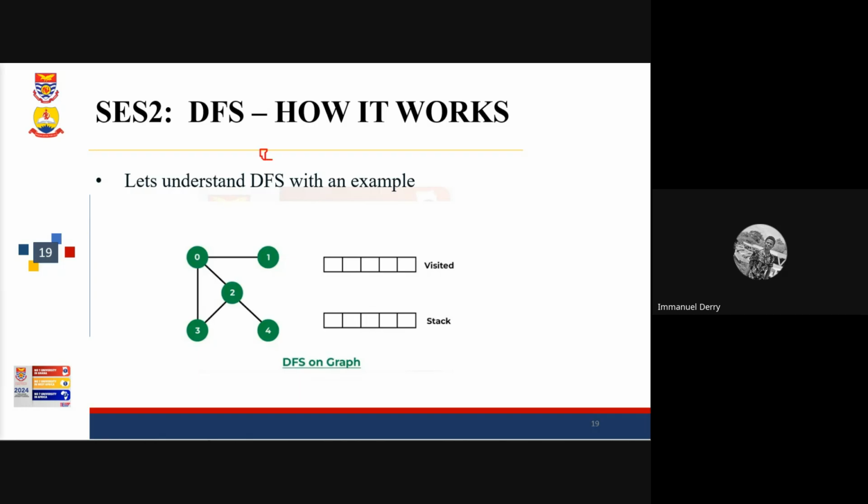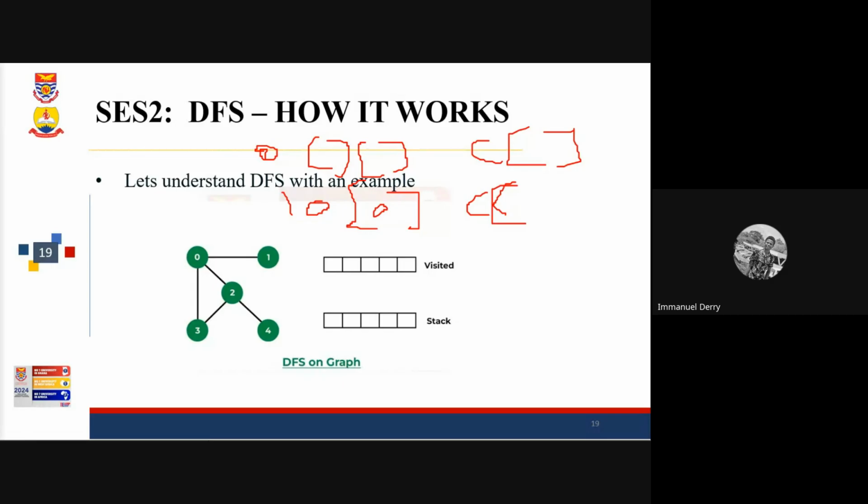The first step is going to be empty, because we haven't visited any node yet. However, with the second step, we are going to get our starting node to be 0.